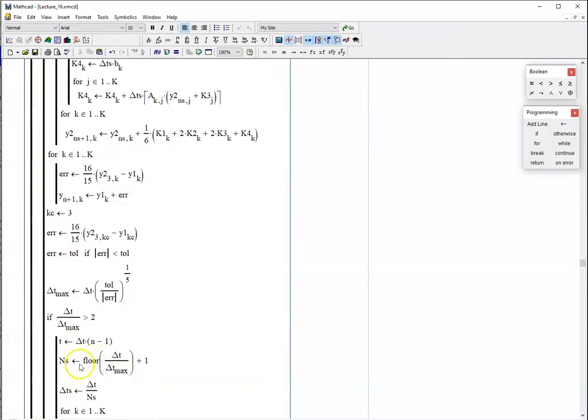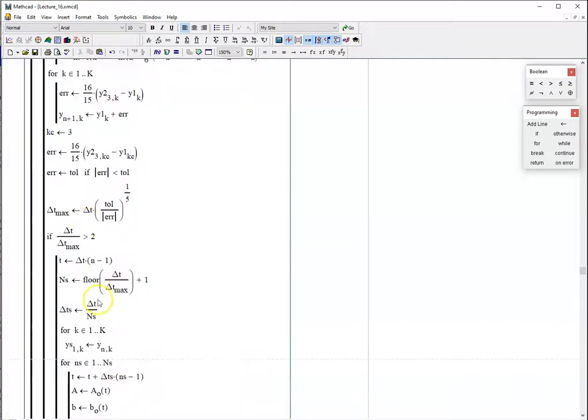Okay, so I calculate the new number of total subdivisions within that time step, which is the truncation of delta T over delta T max plus 1. Okay, so this is only calculated if indeed delta T max was smaller than delta T by at least a factor of 2.